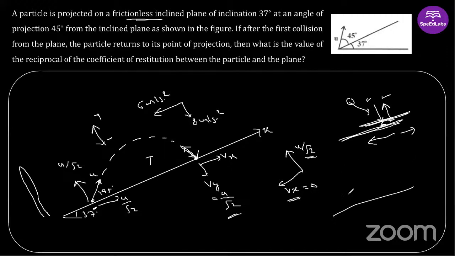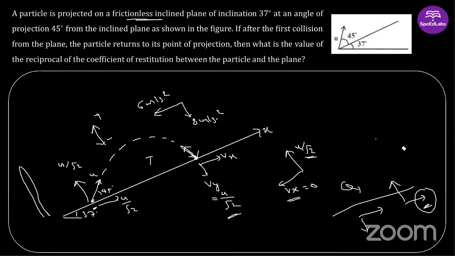Otherwise, when the ball hits, it initially has this and this velocity, and after hitting it will be left with that velocity, so it can't go back to its initial position. So it has to hit perpendicularly. You got the logic behind that? vx must be 0. So I'm just applying vx equals 0.